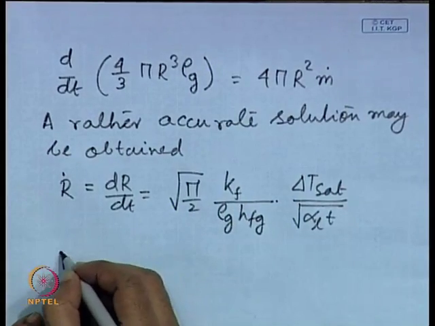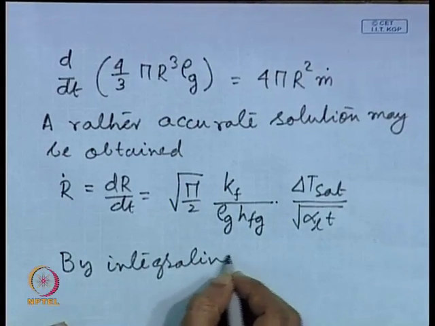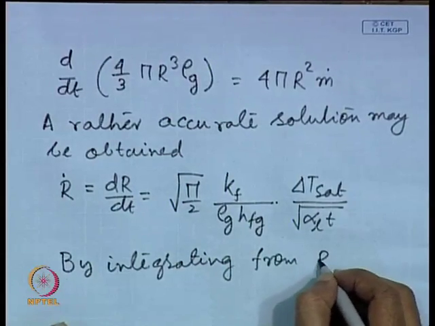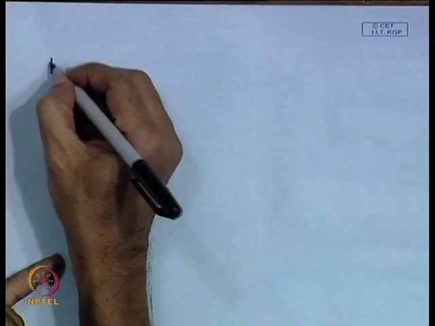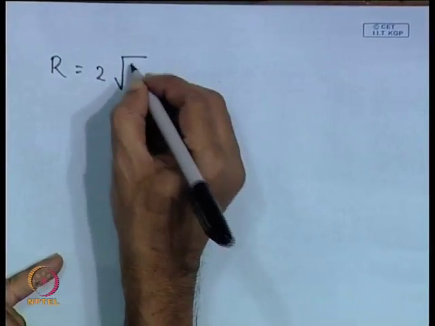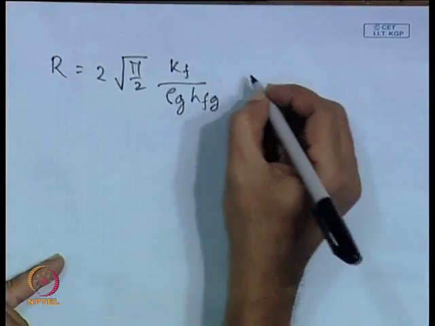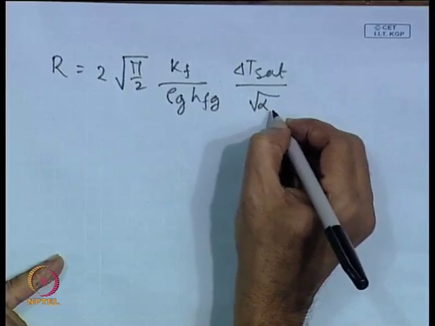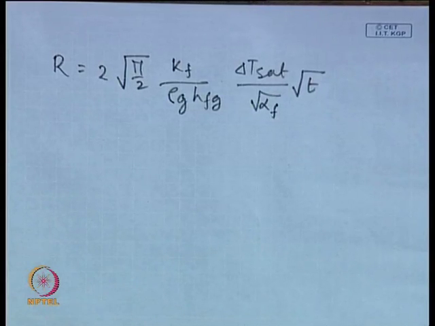So, by integrating from r is equal to 0 at t is equal to 0, what we can get, r is equal to 2 root over pi by 2 k_f delta T_sat over rho_g h_fg, times root t. So, this form of equation is not very unfamiliar to us.